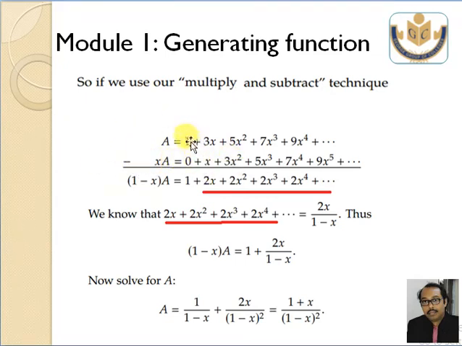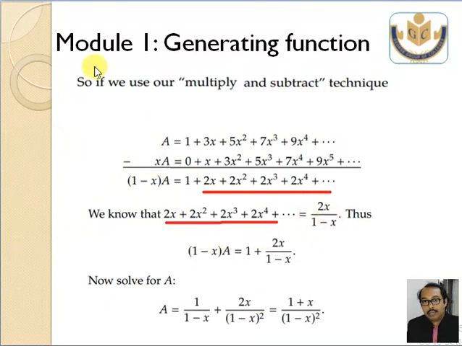So what am I getting? 1, then 3x minus x will be 2x, then 5x square minus 3x square will be 2x square, and so on. So we can write 2x plus 2x square plus 2x cube plus 2x to the power 4 is equal to 2x by 1 minus x. This is known to us.